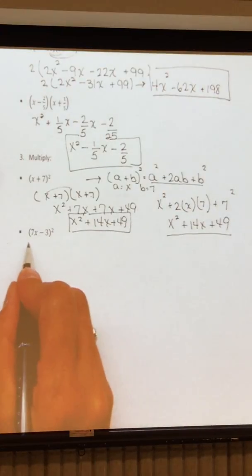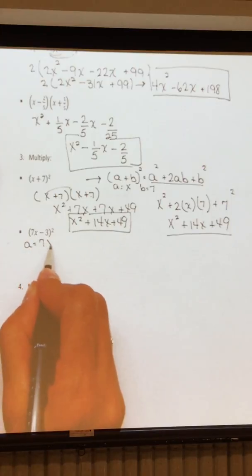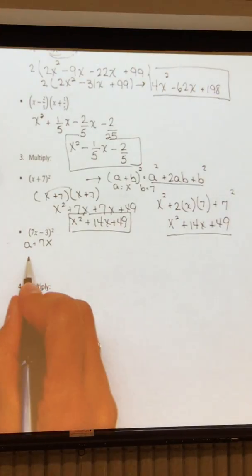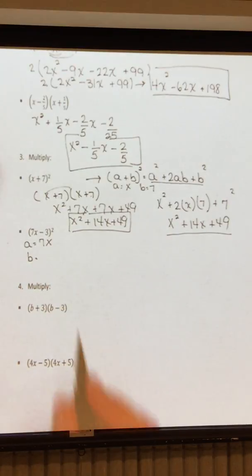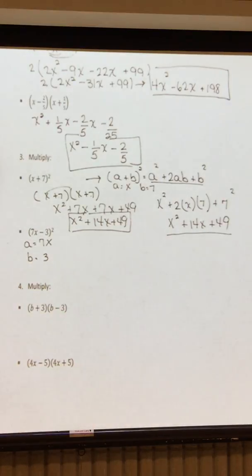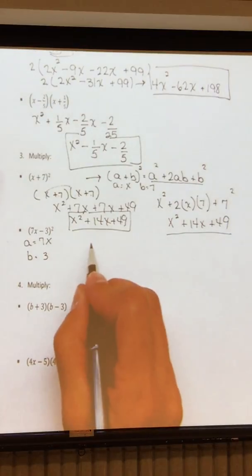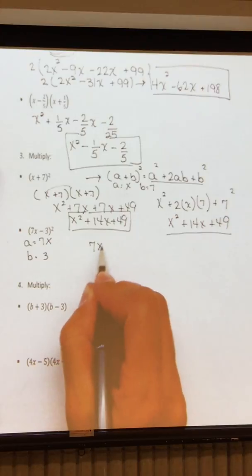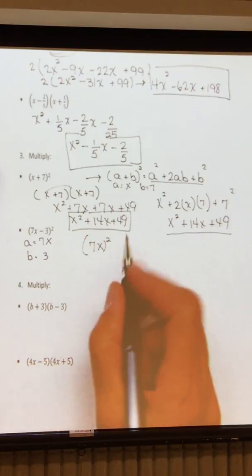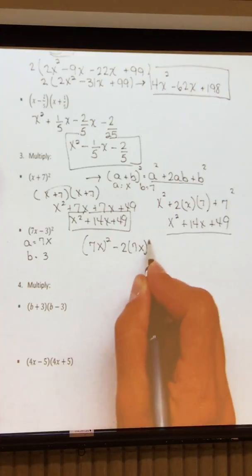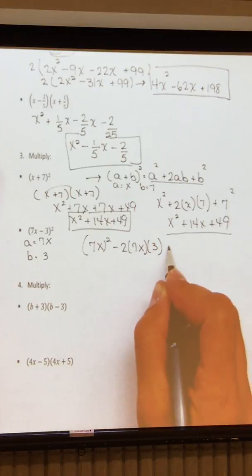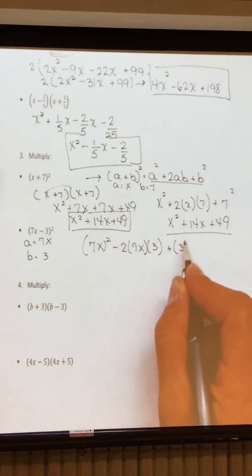For the second part of number 3, we can use the special product rule. So let's define our a is 7x and our b is 3. So here we have the negative sign, which means we have 7x squared minus 2 times a times b plus b squared.